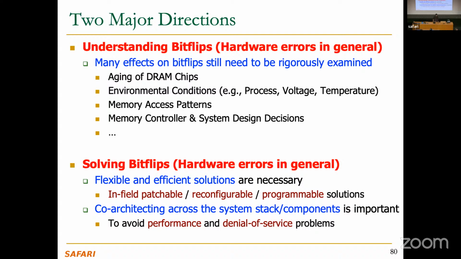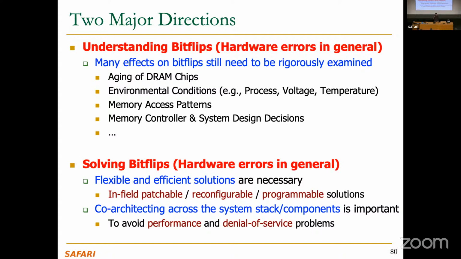Why does physically keeping the row open result in bitflips? There are some very fresh silicon-level, device-level papers that investigate this at the TCAD level. At a high level, there are two mechanisms that can cause a victim cell to leak charge.